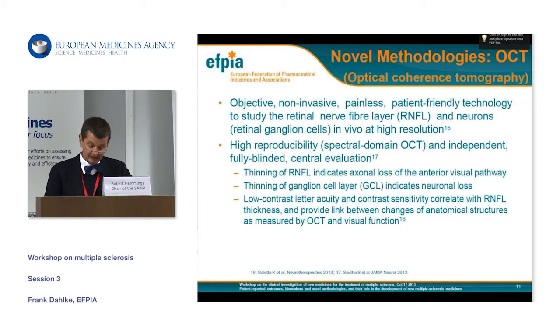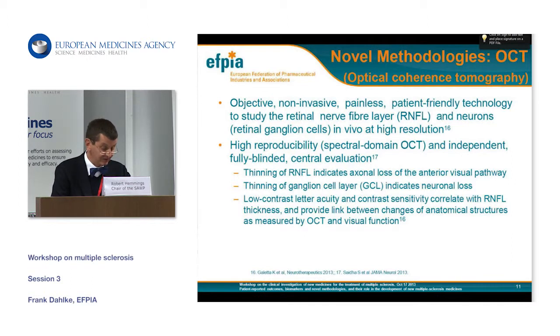And that outcome, though still not fully evolved, has some features which potentially lend themselves to a broader use. It's an objective, non-invasive, painless, patient-friendly technology, and it studies in the retina both axonal and cell structures, which seem to be amenable to change over time with ongoing disease, both in multiple sclerosis but also in optic neuritis.